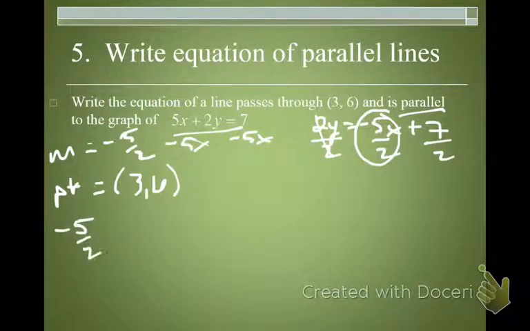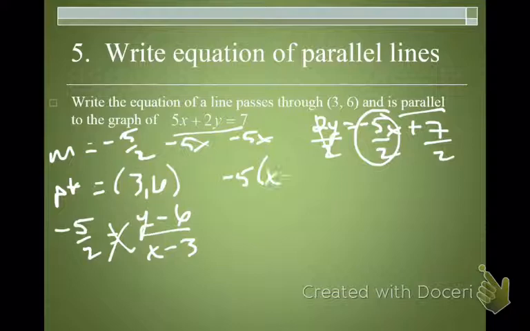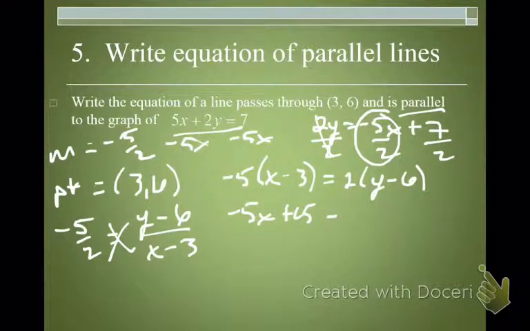I'm going to plug this into the slope formula, get (y minus 6) over (x minus 3) over here. Cross multiply and go to work. So distribute: negative 5 times (x minus 3) equals 2 times (y minus 6), and distribute: negative 5x plus 15 equals 2y minus 12.